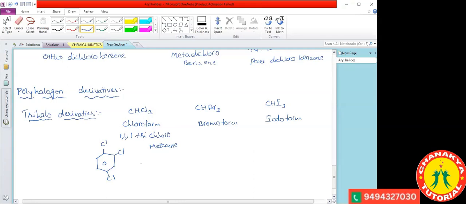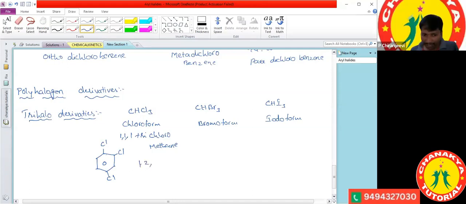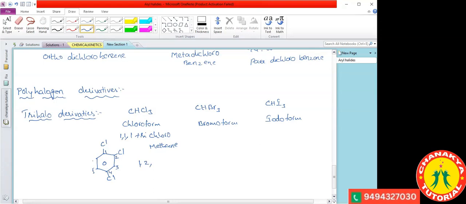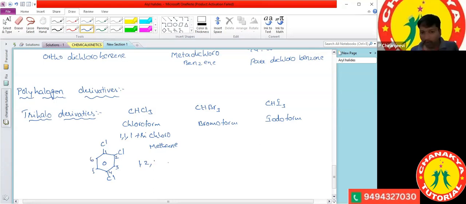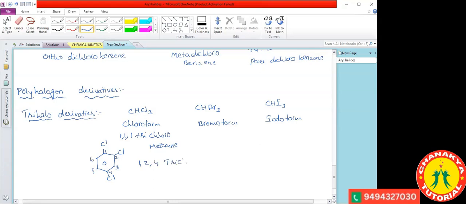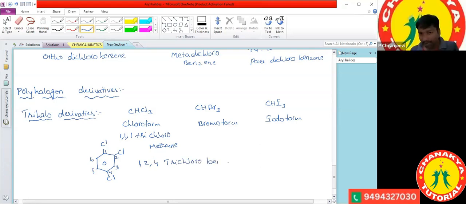Is it 1,2,3? You can start the numbering: 1, 2, 3, 4, 5, 6. So 1,2,4-trichlorobenzene is the name of the compound.